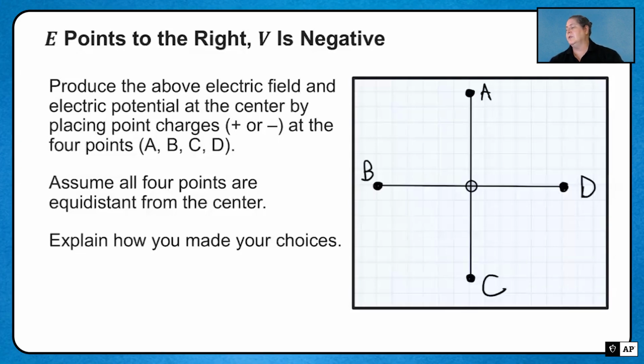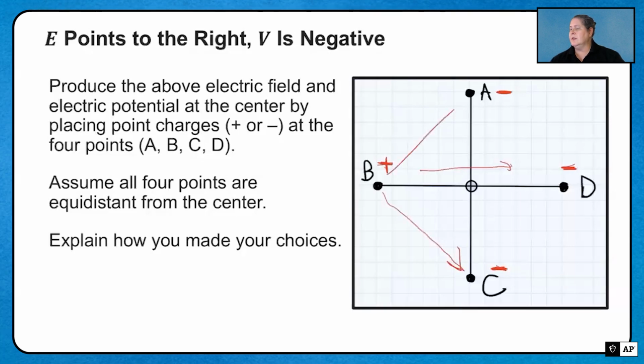If I want the electric field to point to the right, I want a positive at point B and a negative at point D, because that's going to have an electric field to the right. And I still need another positive and two more negatives to make the potential negative. So these are going to be negative. And so I'll have an electric field that goes this direction and this direction, but those vertical components of those electric fields will cancel each other. And so we'll end up with an electric field that points to the right.